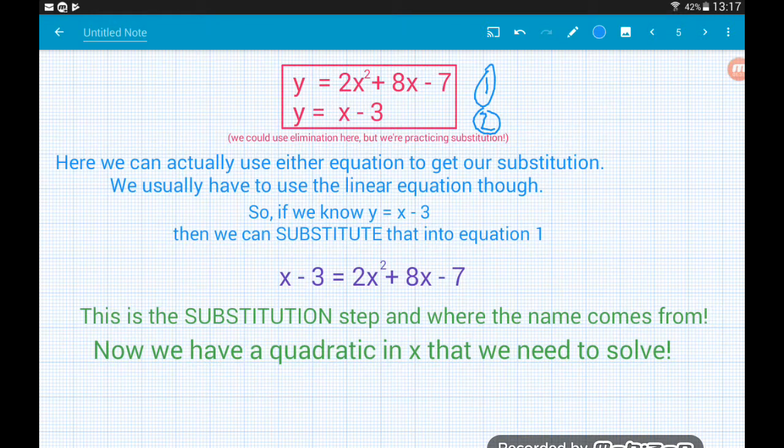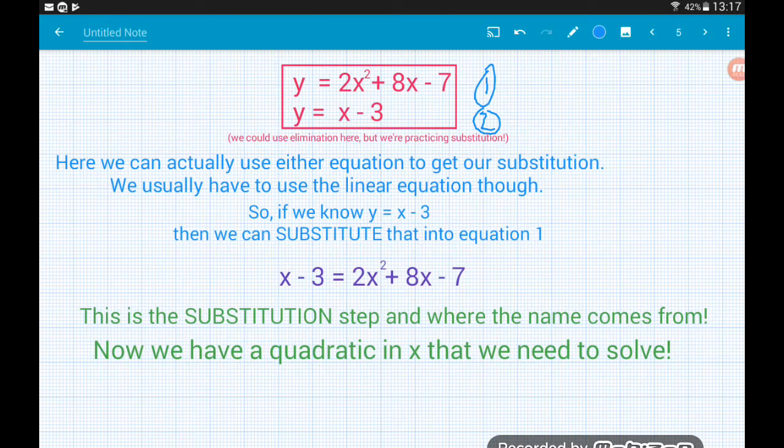So, the linear equation is y equals x minus 3. And that, in fact, is already set up in a really useful way. Straight away, it tells us what y is in terms of x. y is equal to x minus 3, so x minus 3 is also equal to y.